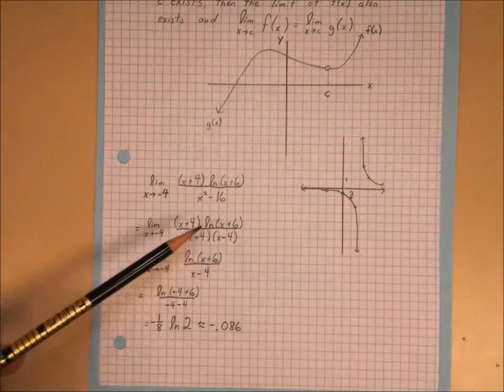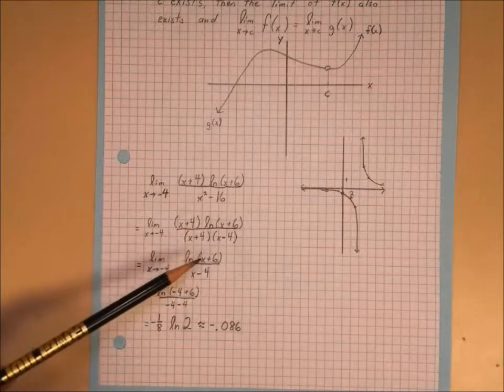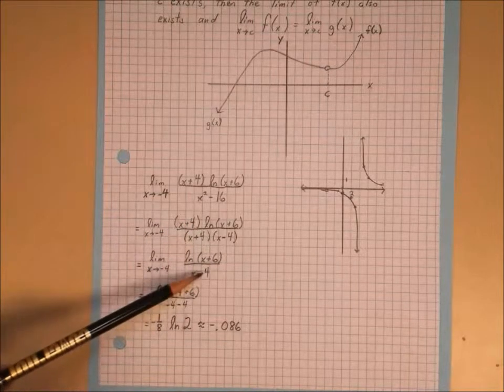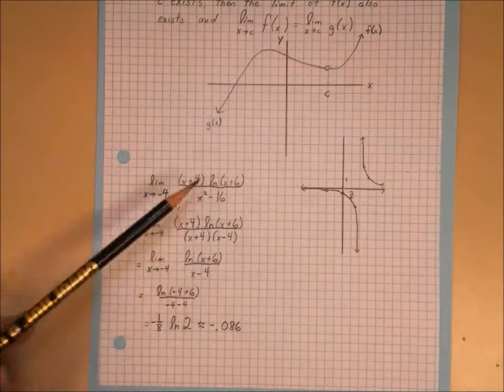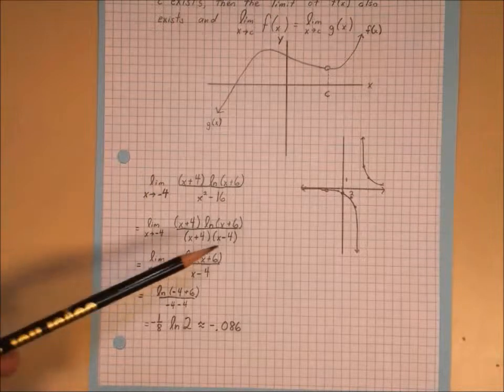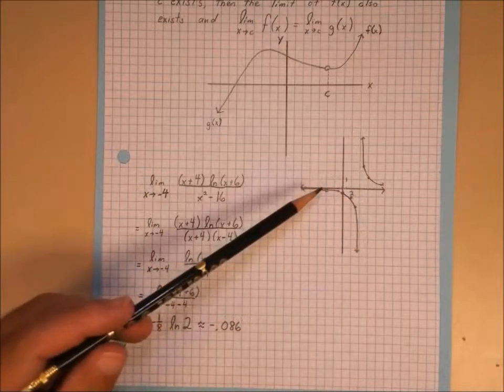Everywhere else, these two would be the same function. But at -4, one would be undefined, the other would be defined. But because of the theorem we just looked at above, it doesn't matter, because it's just that one point.